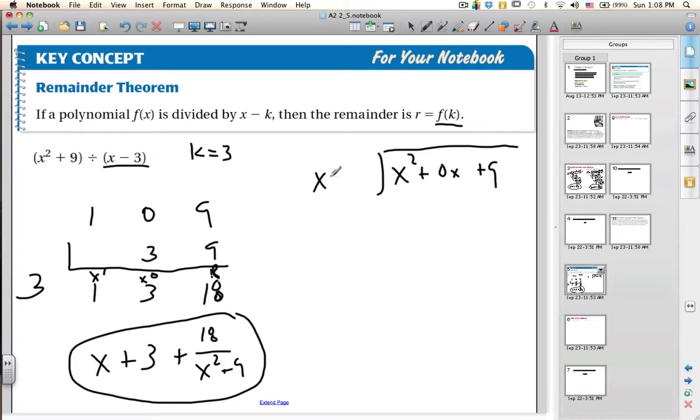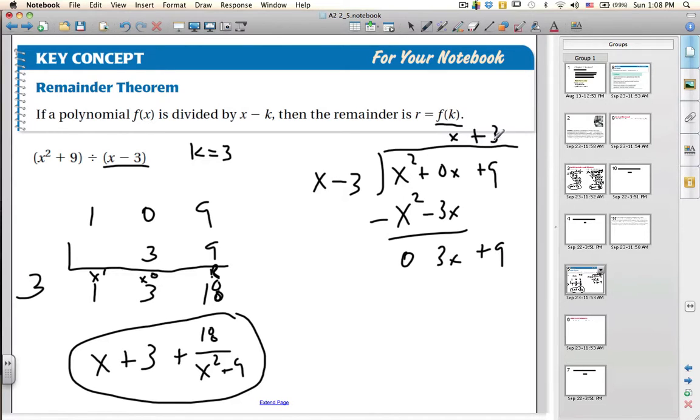And I'm going to do this with long division, x minus 3. What do I multiply x by to get x squared? I multiply it by x. x times x minus 3 is x squared minus 3x. And I subtract. x squared minus x squared is 0. 0 minus negative 3x is 3x. And I bring the 9 down, plus 9. And what do I multiply x by to get 3x?